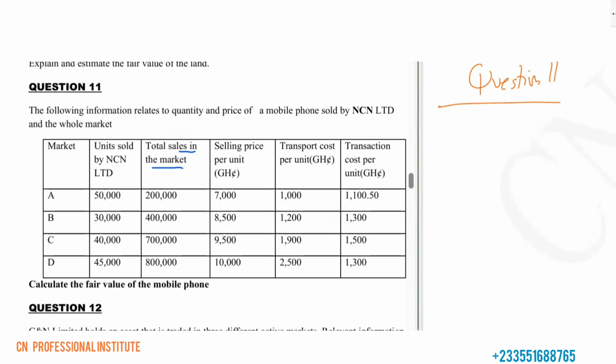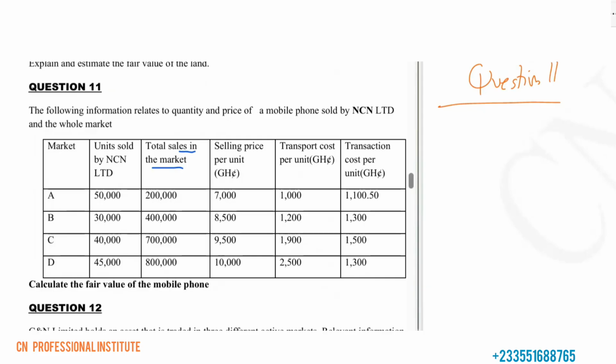In this question, there's a principal market. What is the principal market? We can get it using the quantities. And I told you the principal market uses quantities, right? So if you come here, we have units sold by NCN Limited in the market, and then the total sales in the market. Now, if you are determining fair value, we use total sales in the market, total units sold by all market participants, not units sold by only one company.